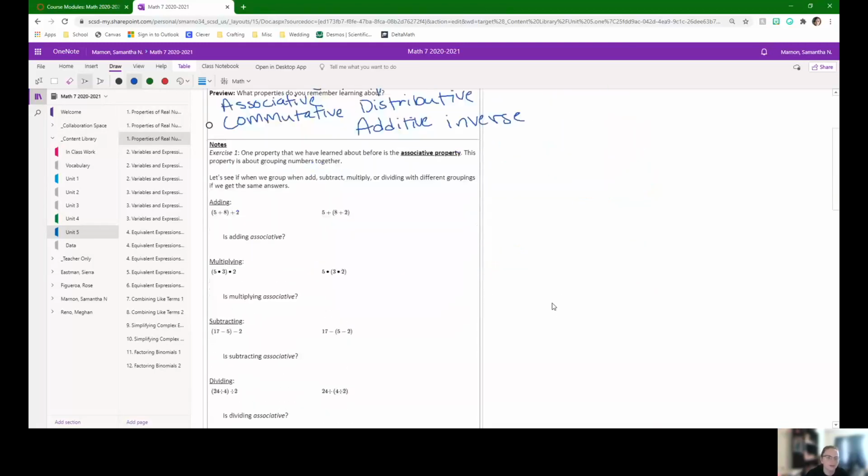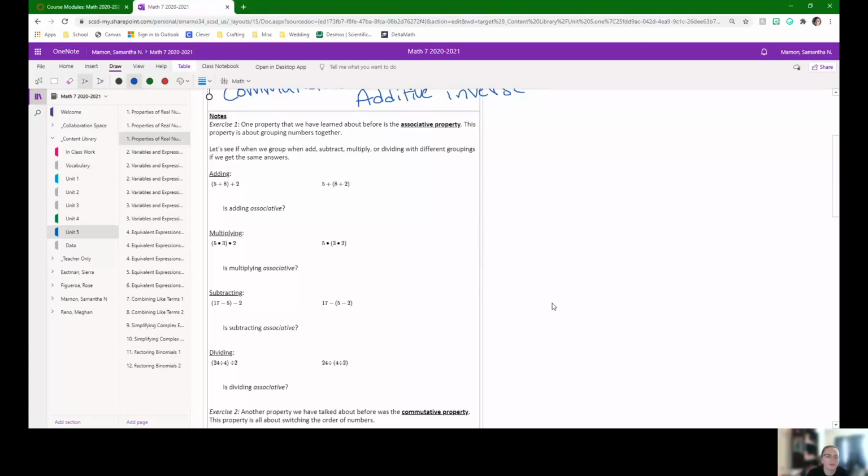So for our first exercise, one property that we have learned about before is the associative property. This property is about grouping numbers together. To group numbers, we use parentheses, sometimes brackets, sometimes absolute value, but this is kind of its own thing.